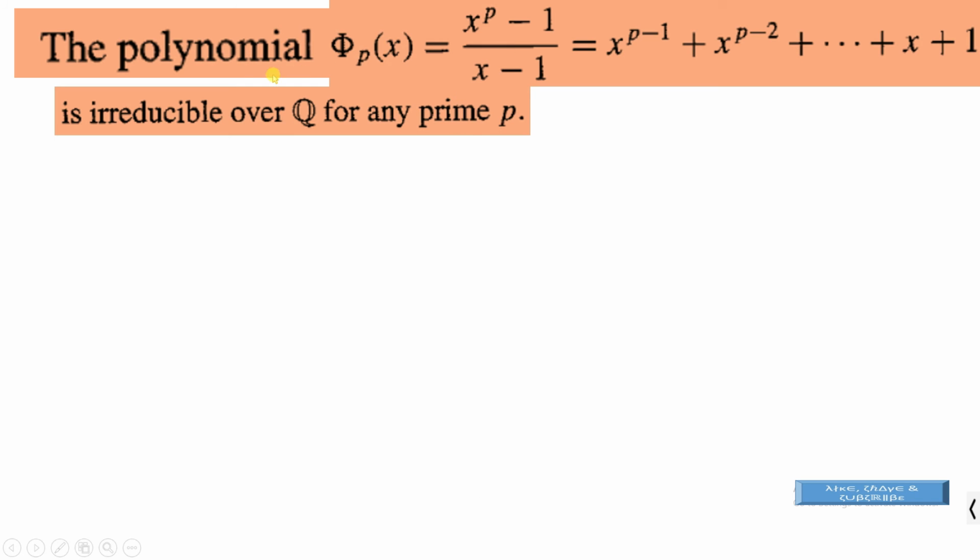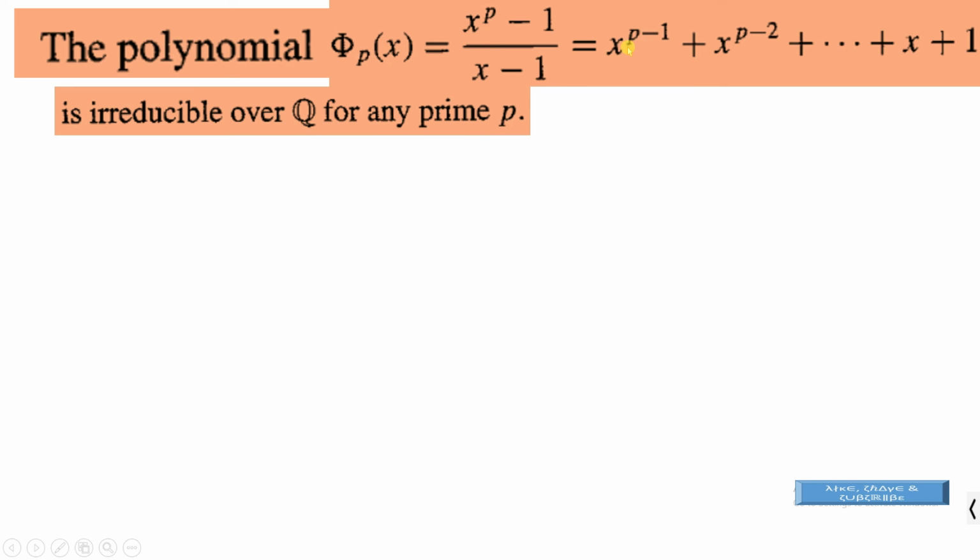We now consider a problem which is an application of the Eisenstein criterion. So here capital phi_p(x) is the polynomial (x^p minus 1) over (x minus 1), which is equal to x^(p-1) plus etc. plus x plus 1. We need to prove that it is irreducible over Q for any prime p.